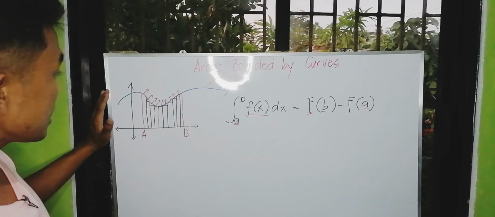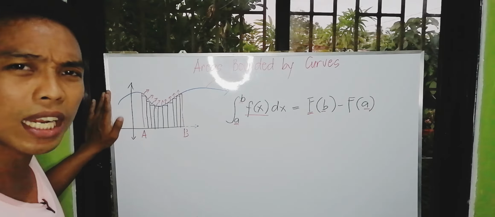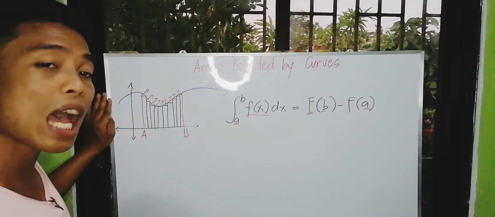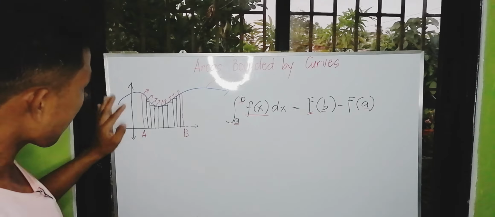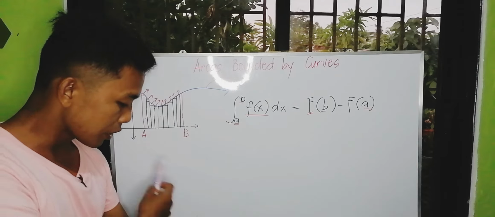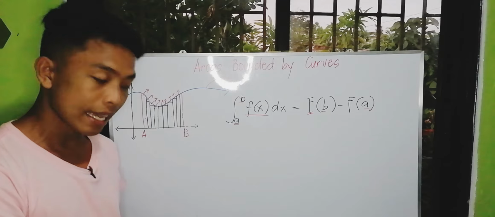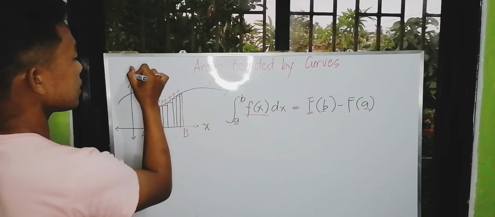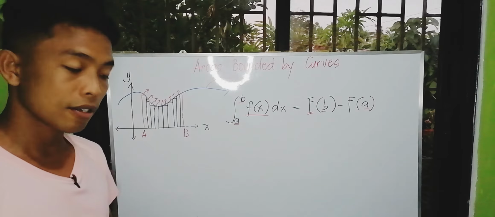And based dito sa ating illustration, ang kukuhanin lang muna natin ay areas ng curves which is above the x-axis. Kung mapapansin nyo, etong block na to na nag-cross na line, these are the x and y axis respectively. So, ito yung x-axis natin and this is your y-axis. Okay?